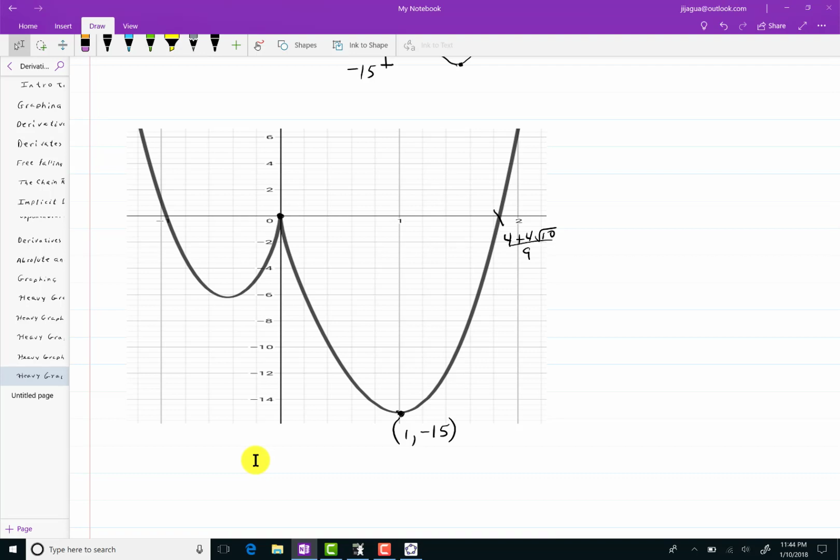Nothing needs to be said there. Now the other one, I think that was about -0.96, a little bit. So this is -1, so it is a little bit greater than -1. So there is 4 minus 4 radical 10 over 9.